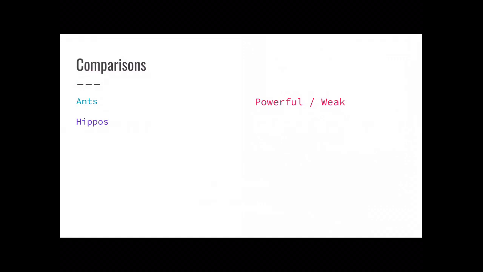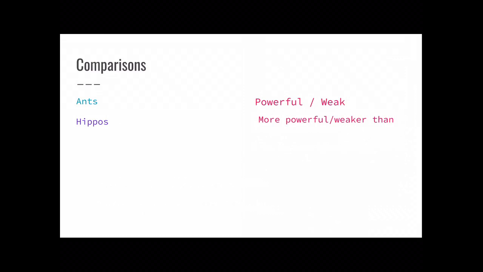Next example, we will compare hippos and ants. Remember, if you're not sure what these animals are, you can go back in the video to look at those pictures. I hope you wrote them down. Let's compare them using the words powerful and weak. How do we change those to their comparative forms? Powerful, you add the word more, and weak, you add er.